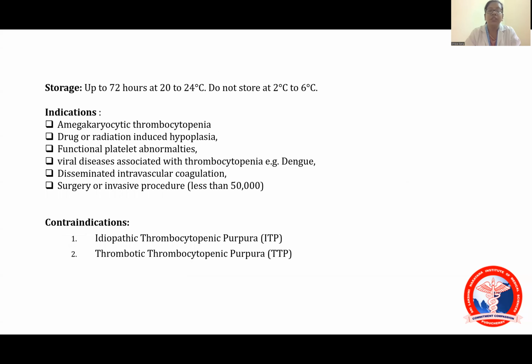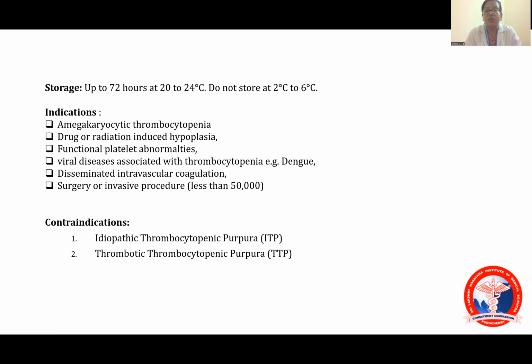Storage is up to 72 hours at 20 to 24 degrees Celsius. Do not store platelet concentrates at 2 to 6 degrees Celsius like whole blood. What are the indications of platelet concentrates? Megakaryocytic thrombocytopenia, drug or radiation-induced hypoplasia, or any functional platelet abnormality, viral diseases associated with thrombocytopenia, for example, dengue, very commonly used, disseminated intravascular coagulation or DIC, that is encountered in ICU patients.